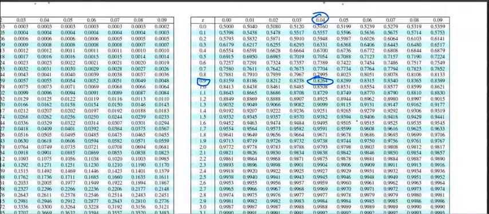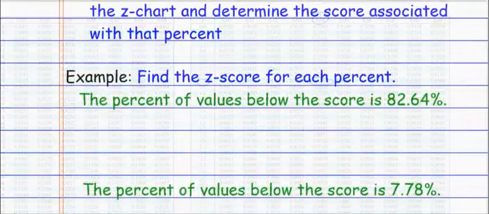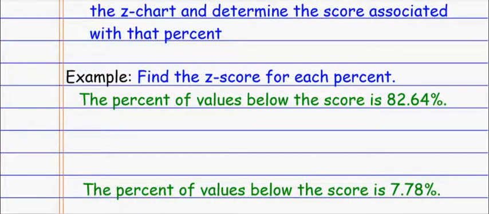Earlier, I would have been looking at the z-score and then finding the percent. Now I'm hunting down the percent. So the z-score I was looking for was 0.94. That was the one that had that percent of values to the left of it, below the score.